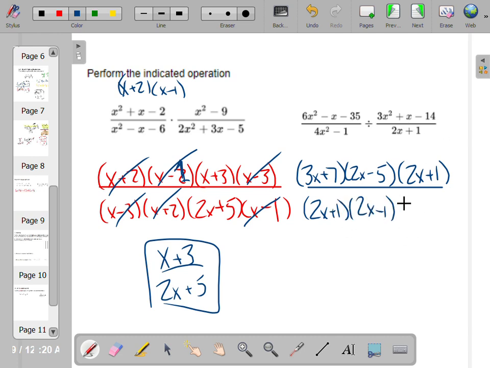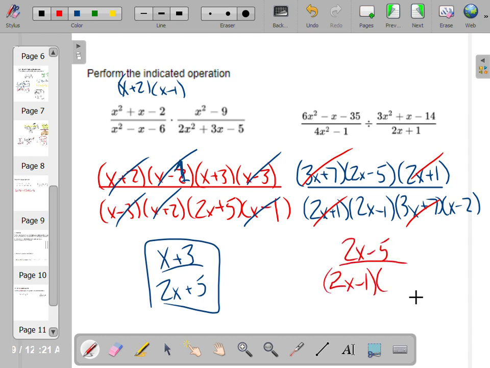And then when you factor that, you're going to have, let's see, 3x and x. So let's see, I think I want 15 minus, no, maybe I want 6 and 7. So minus 2 plus 7. Yep, that'll do it. Now I cancel what I can. Yes, yes. And I have 2x minus 5 on the top and 2x minus 1 times x minus 2 on the bottom. So that's completely simplified.